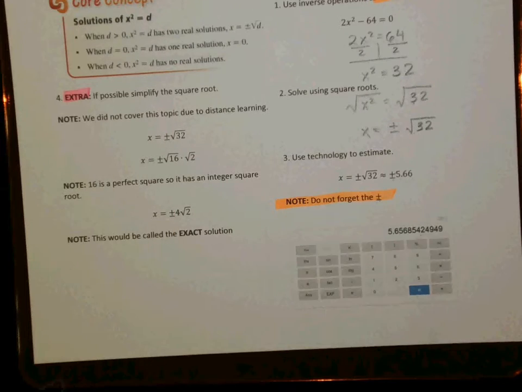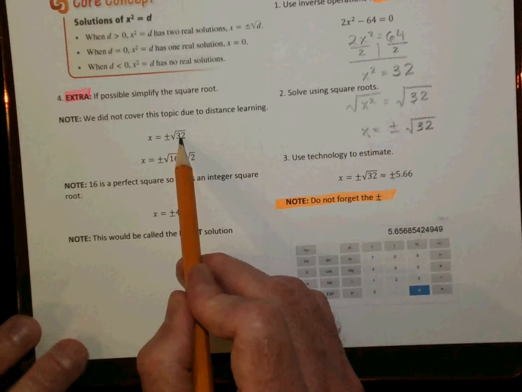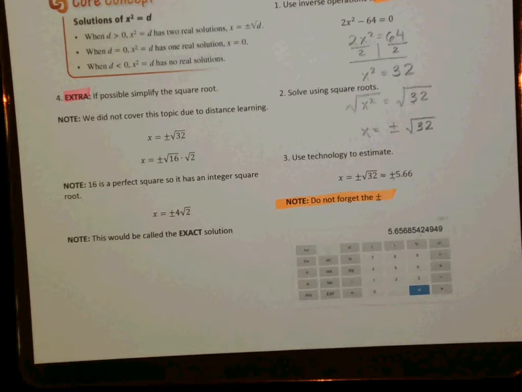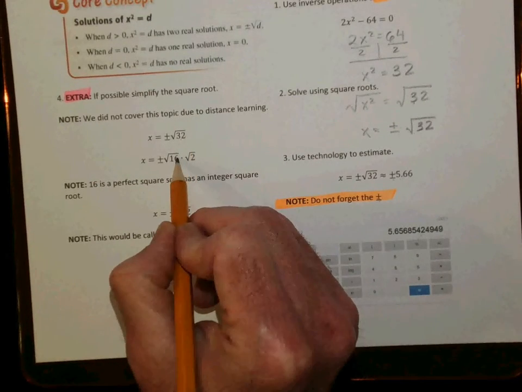If you want to get a more exact solution, you can simplify the square root of 32. And the way you do this is ask, do you know any perfect squares that go into 32? 16 does.